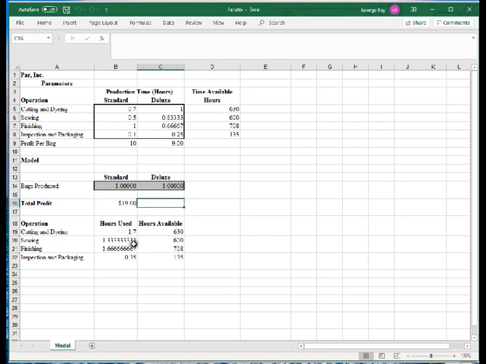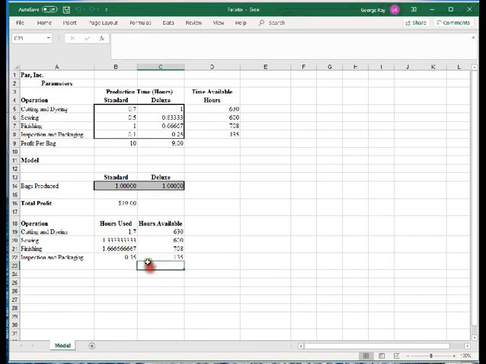Now, this is going to be subject to constraints. So we have constraints on cutting and dyeing of 630 hours. The hours used are going to be the quantities of B14 and C14, in other words, quantities for each type of bag, times the hours we spend, which is B5 and C5 for cutting and dyeing.